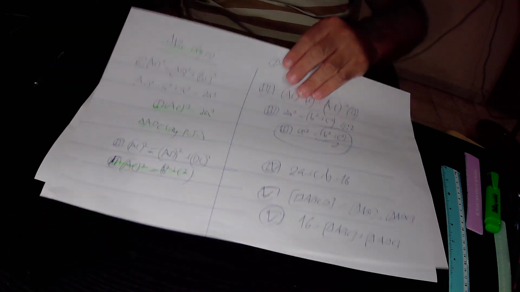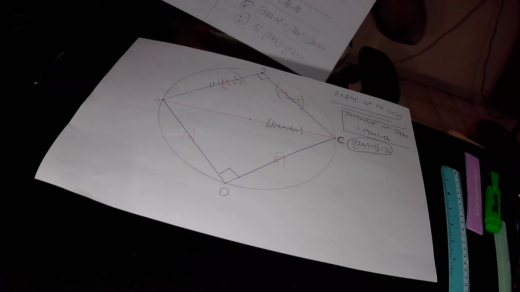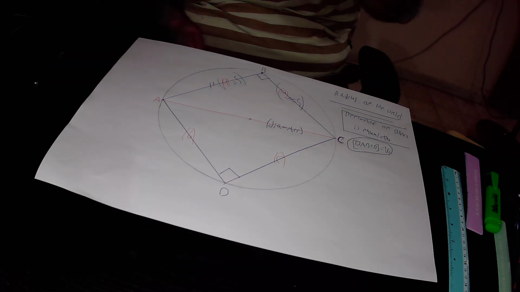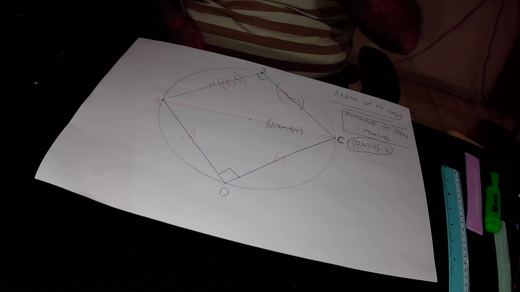We know that the perimeter of this quadrangle ABCD is equal to 18. That is to say, AB plus BC plus CD plus DA equals 18.